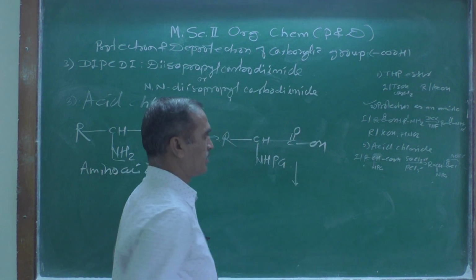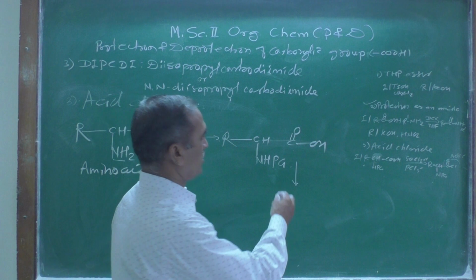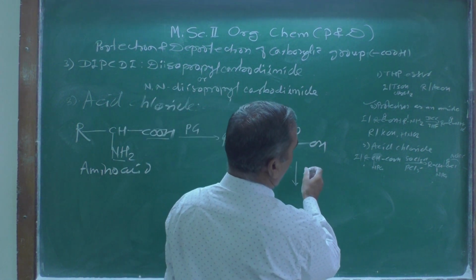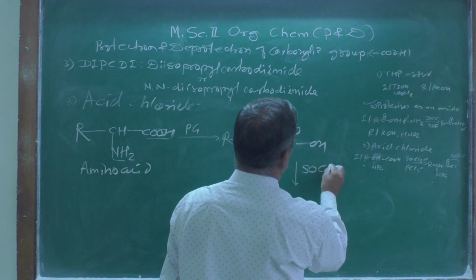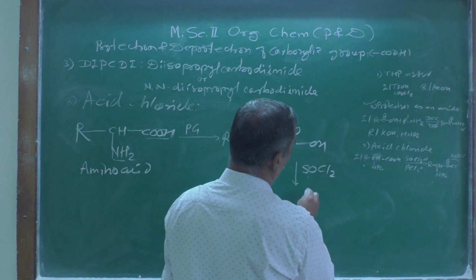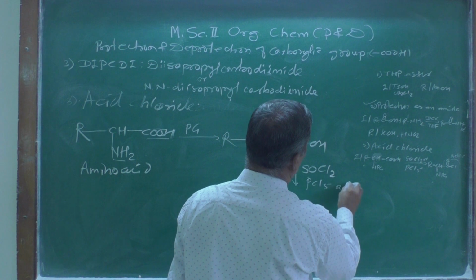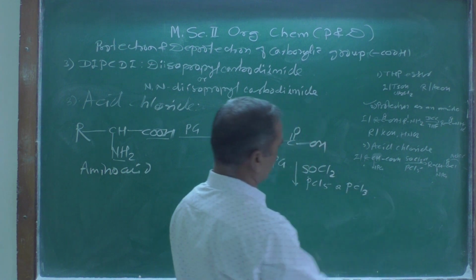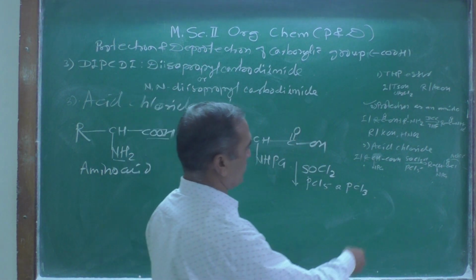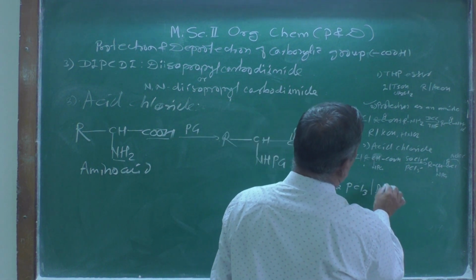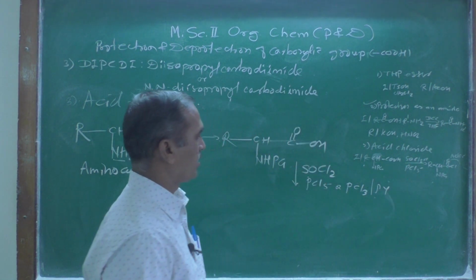Now we can convert this carboxylic group by treating it with a suitable reagent like SOCl2, or PCl5, or PCl3 in the presence of pyridine. Pyridine is used as a solvent over here.